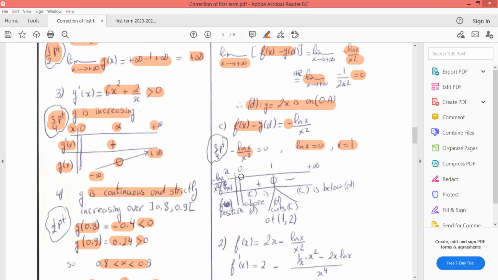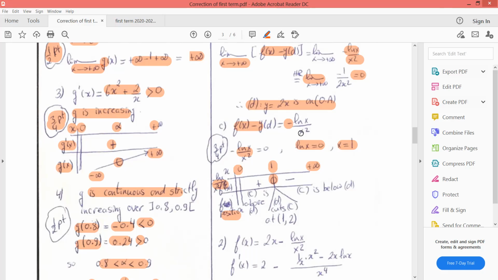We make a sign table for the position. This is minus ln x over x squared, and this is the position. Domain is 0 to plus infinity. I get x equals 1, so I put here x equals 1, and at 1 it will be 0. To know the sign, we take a number greater than 1, like 2 for example, and replace it here.